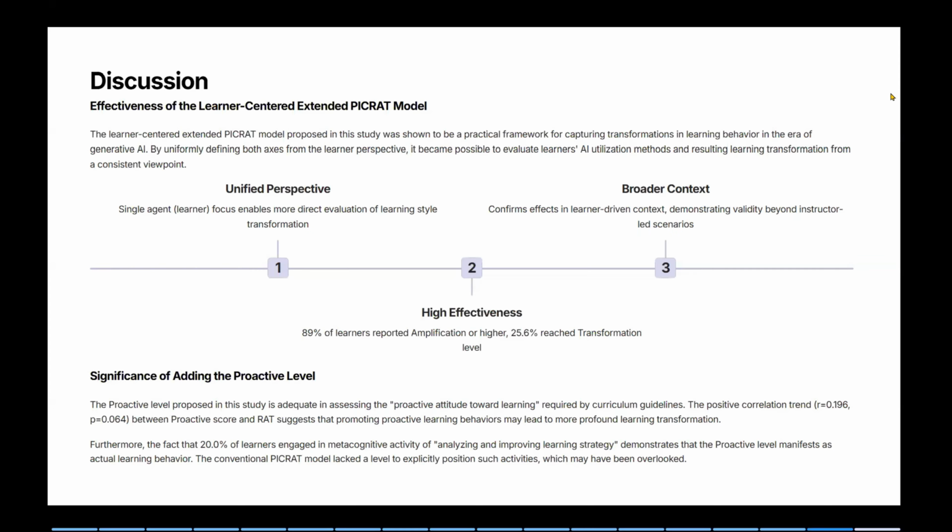It captured metacognitive activities. 20% of the students engaged in strategy analysis. The old model could not see this. Third, Notebook LM is effective. Even passive use led to learning transformation for some students.